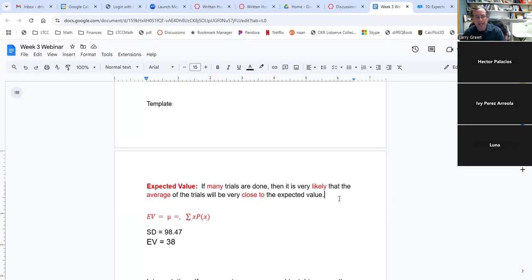I put in many, likely, average, and close to in red to highlight them. And this is very important. Any guess on why I highlighted them? Any guess? See, I'll jump in.